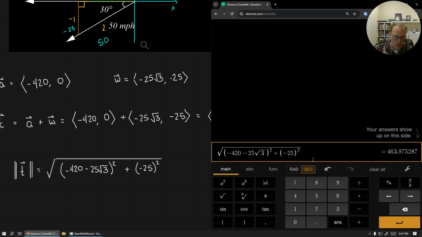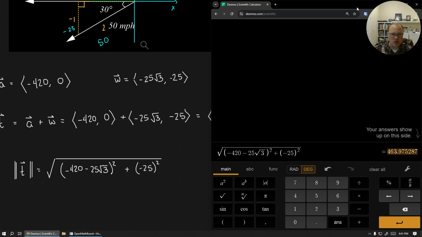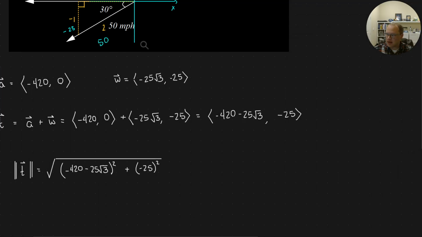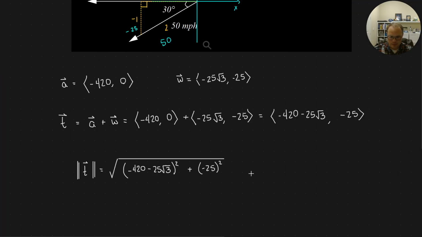It's all under the square root, and I get 463.975287. That is the total ground speed of this airplane. 463.975287 miles per hour. Okay? So that's question 1 answered.